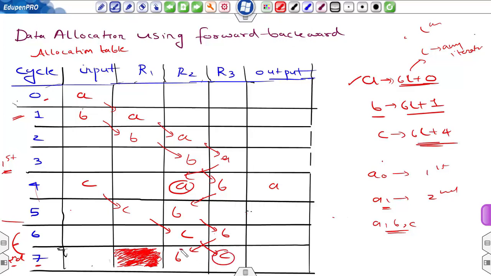So B is consumed, C is consumed, and B is also consumed. So at output we will write B comma C.